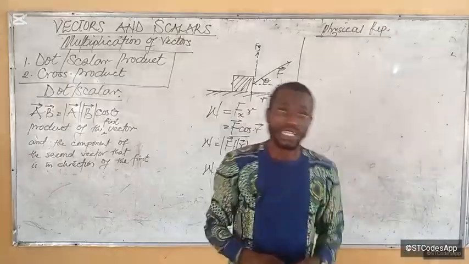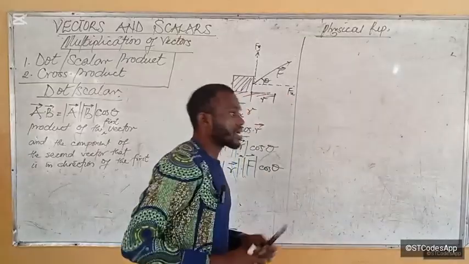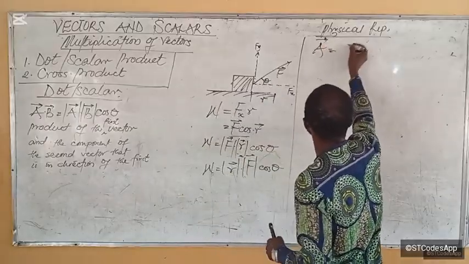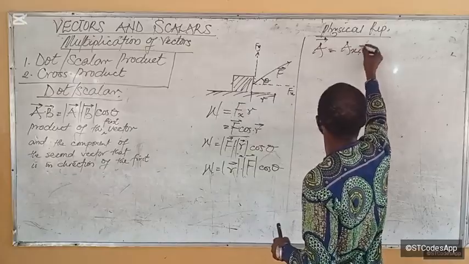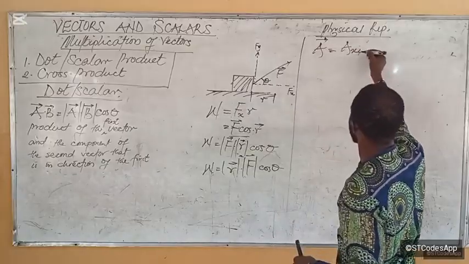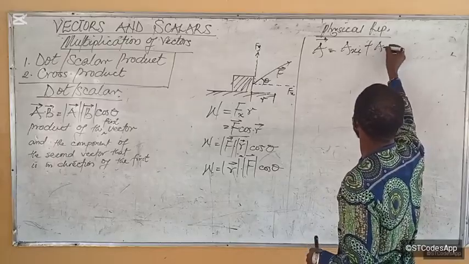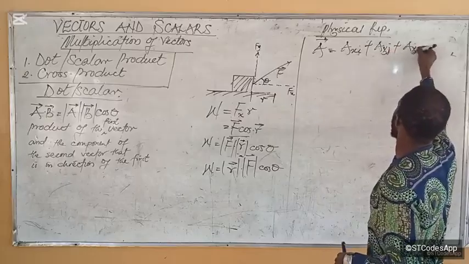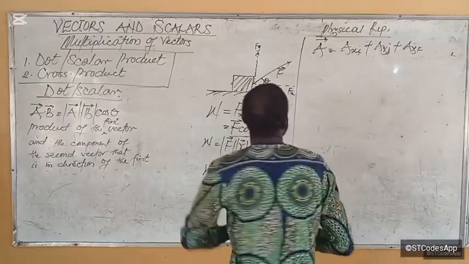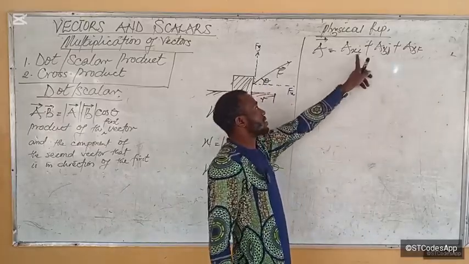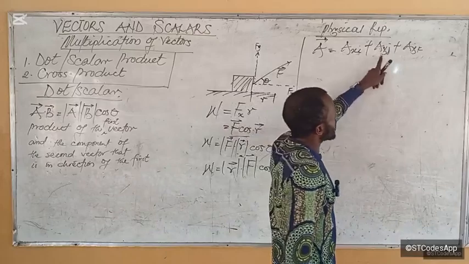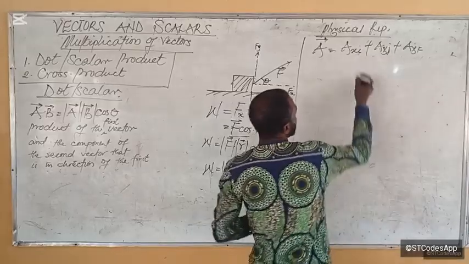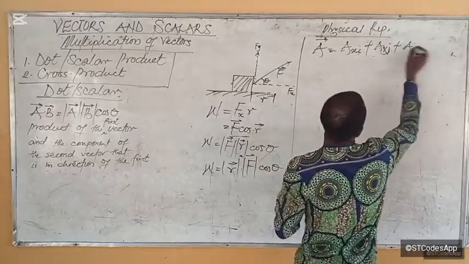Now, stick with me. If I use my vector A, for example, to have A sub x in the x-axis, so A sub x i plus A sub y j plus, I hope you understand what I'm doing, A sub z k, that is my A on the x-axis with i unit, plus A on the y-axis with j unit, and A on the z-axis with k unit.